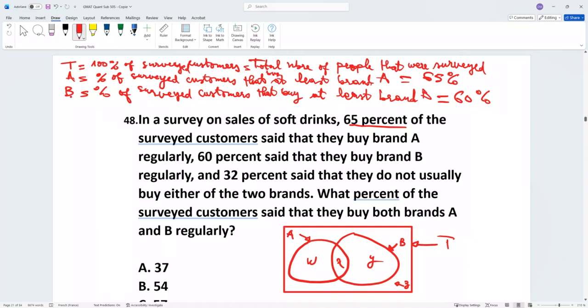So we have T, A and B, and the next one is going to be Z here. This is actually the percentage of surveyed customers that do not buy either of the two brands.